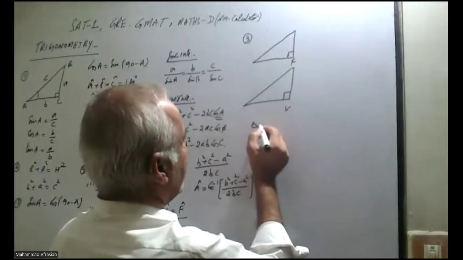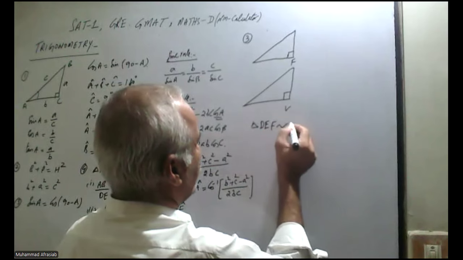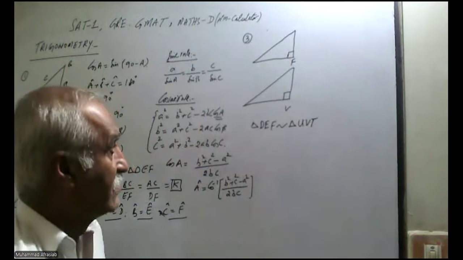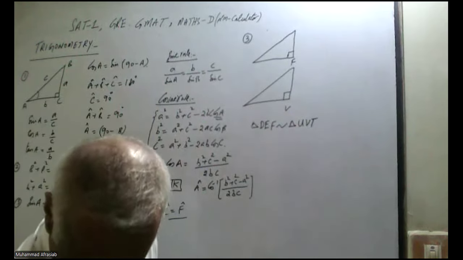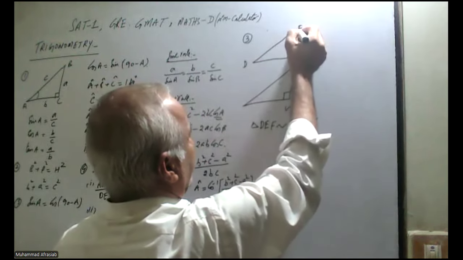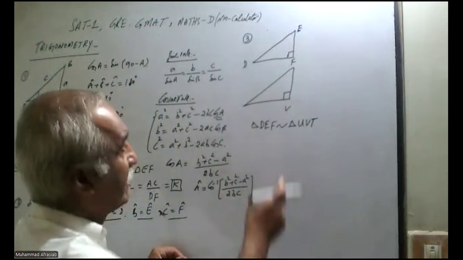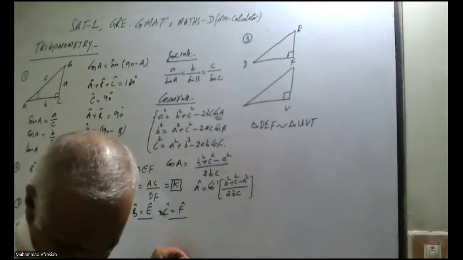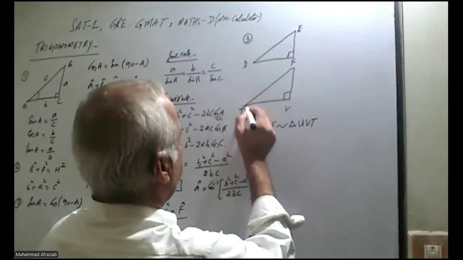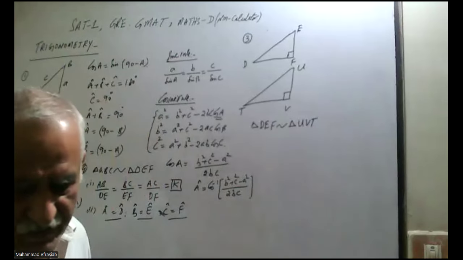And they said that triangle DEF is similar to the triangle UVT. Then according to this, this should be the T part and this should be the E part of that. And this is the angle V as 90 degrees there. So the other parts are T and U. These are the information given in this example.